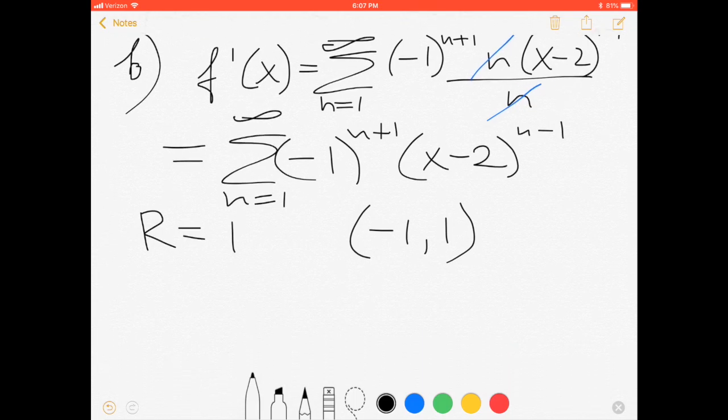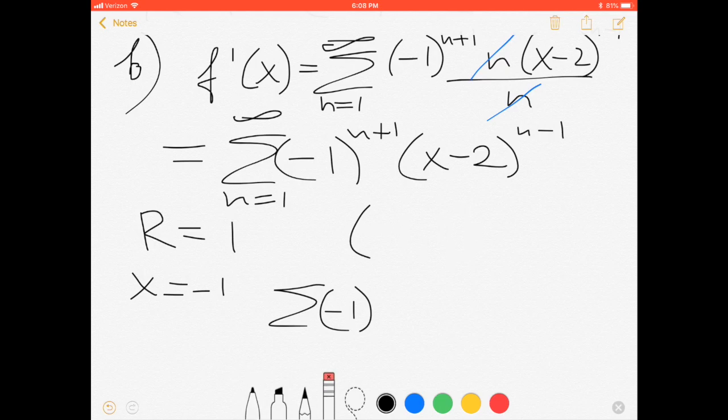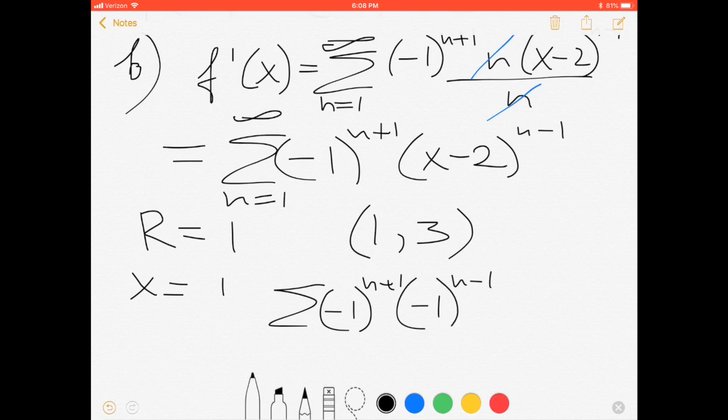But if you plug in the endpoint, you have x equal negative 1. What am I doing? Sorry, how did I switch my interval? The interval here is from 1 to 3. I plug in 1, and then I have negative 1 to the power n plus 1 times negative 1 to the power n minus 1.